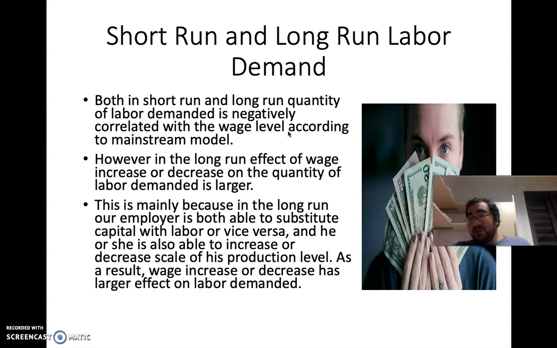In the long run, because it is able to alter the capital it uses, it can make use of the relatively cheap price of capital compared with the newly increased price of wage, and buy more capital instead of labor, which will lead to a further decrease in the demand for labor.